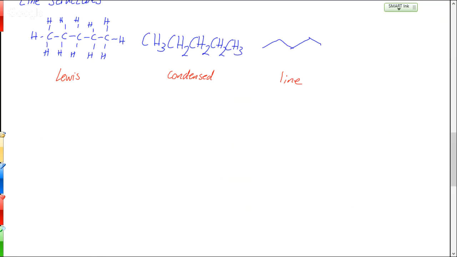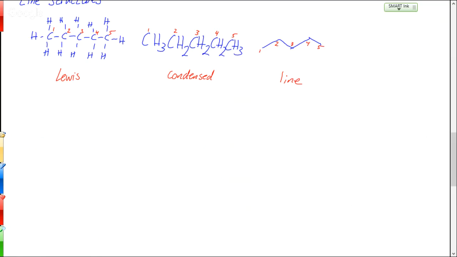So if we number these out, 1, 2, 3, 4, 5 for the 5 carbons in pentane. In our condensed structure, we've got this. And then our line structure, we've got this. 1, 2, 3, 4, 5.